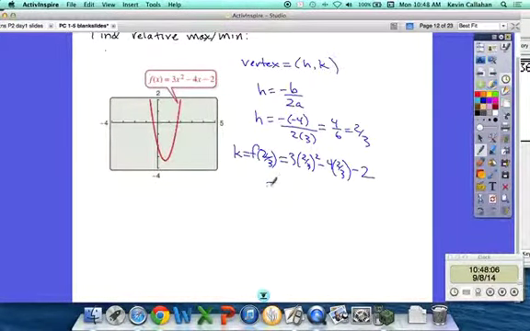So that is 3 times 4/9 minus 8/3 minus 2, which is 12/9 minus 24/9 minus 18/9.